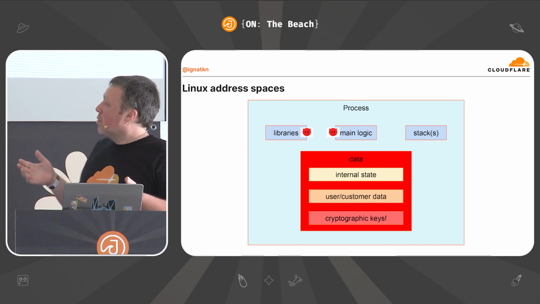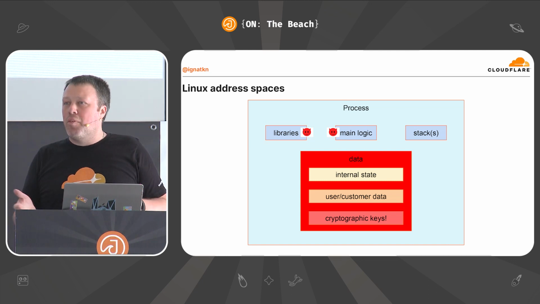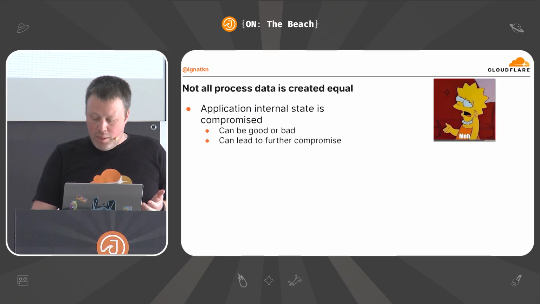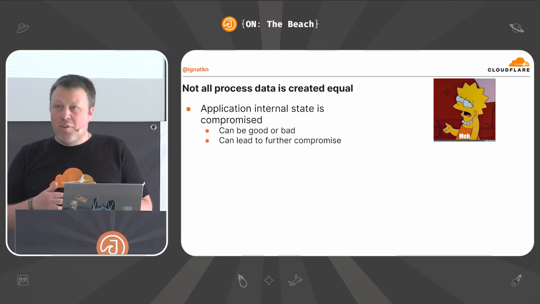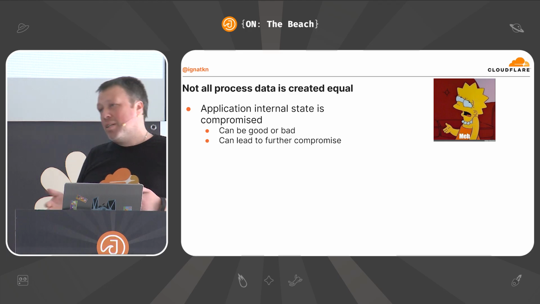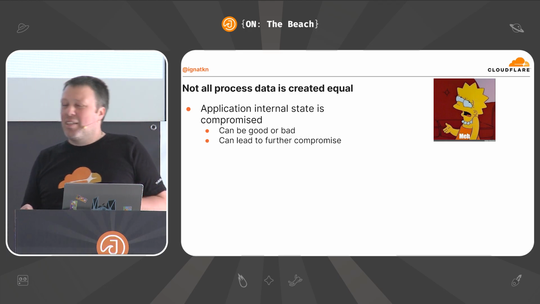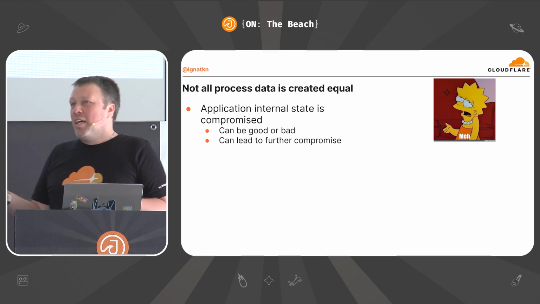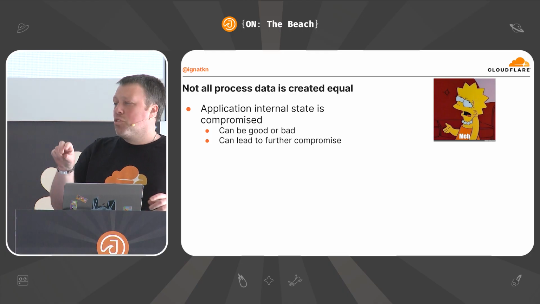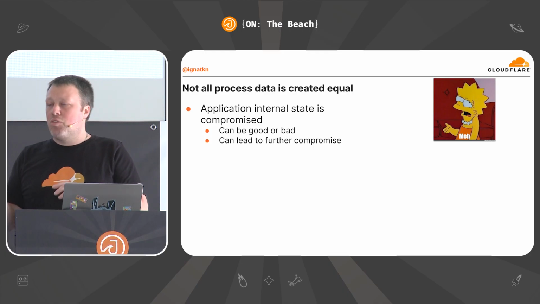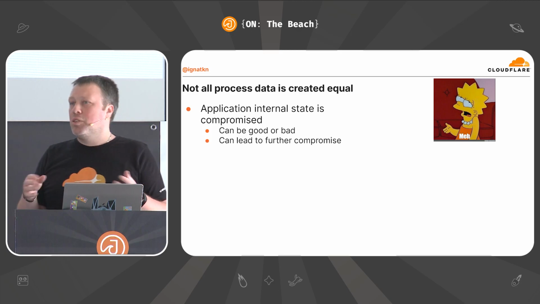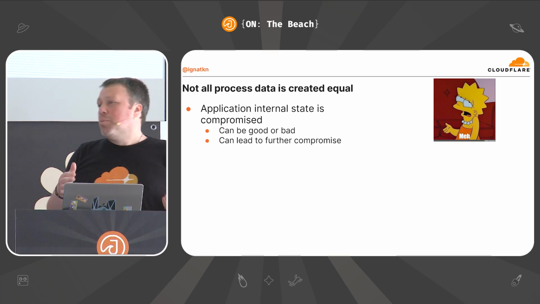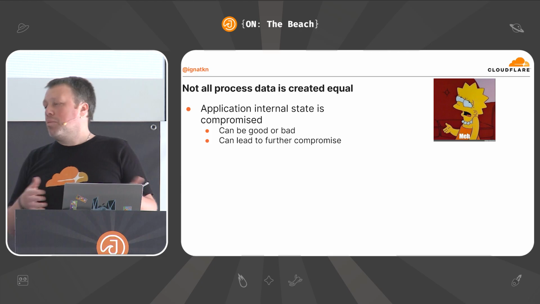But again, what's the outcome of that? How bad is it? Well, technically, if your application's internal state is compromised, it depends, right? It can be good or not so good. If an attacker can control some internal structures, they can trick your application into a different execution path, but depending on what the application does, it might not be as bad.